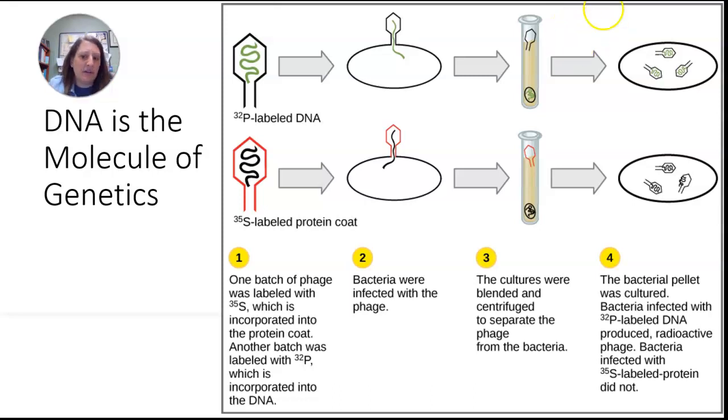The heavier bacterial cells go to the bottom, and the lighter bacteriophages go to the top. They removed this top layer, took the bacteria at the bottom, which have radioactively labeled DNA in this case, plated them and created a culture, and then looked at the resulting viruses that were made.